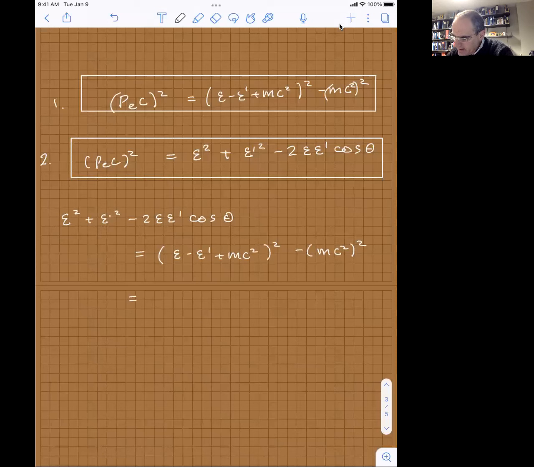Expanding the squared term, we have E squared plus E prime squared plus mc squared, minus 2EE prime, minus 2E prime mc squared, and then plus 2E times mc squared without the prime. And then we have this term, minus mc squared.